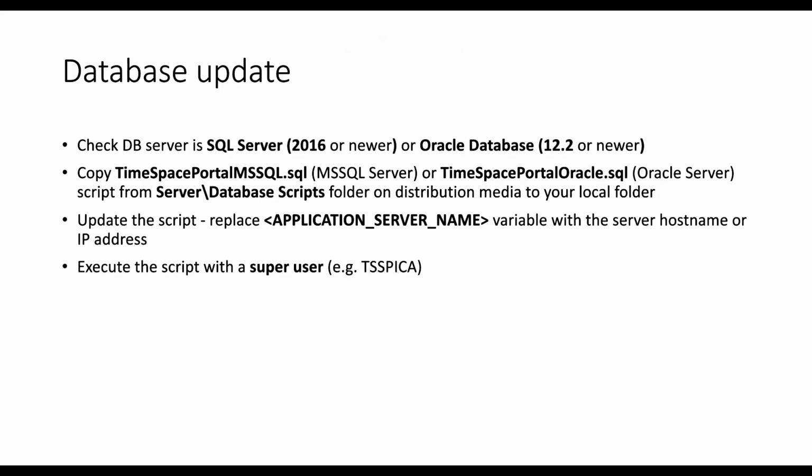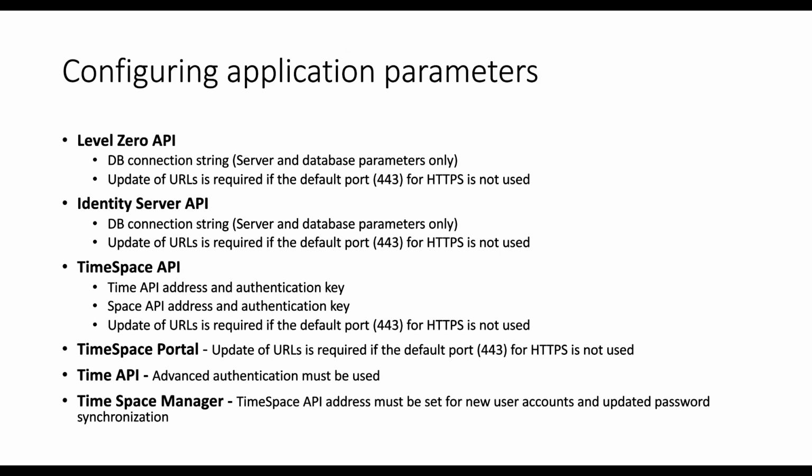And now I have only one step left to do, which is to set up some configuration parameters. When we talked about the architecture of this module, we have seen that this module is made up of various APIs and parts, and each of these APIs has its own configuration file.